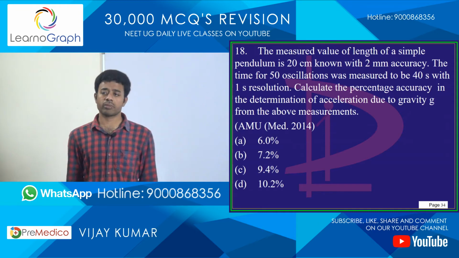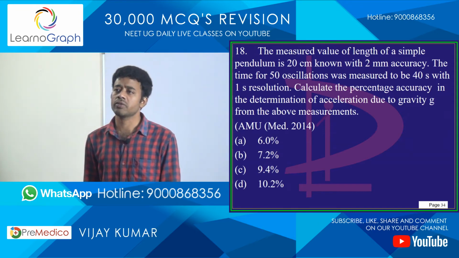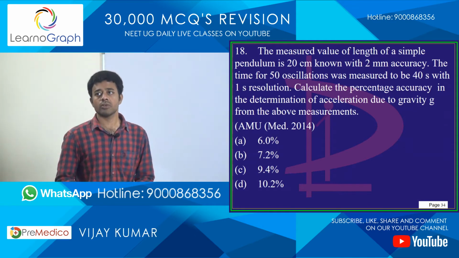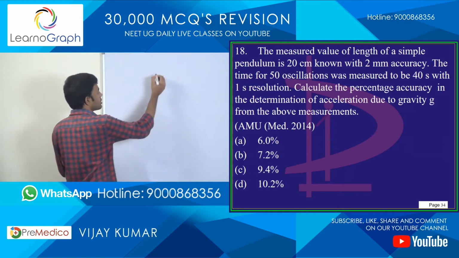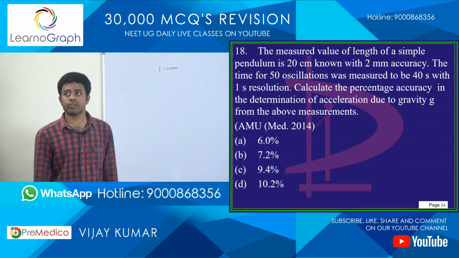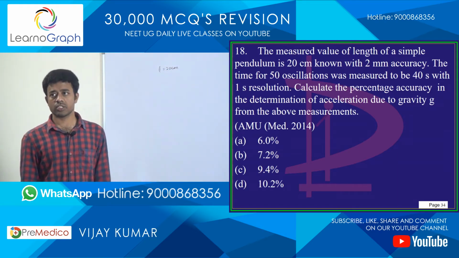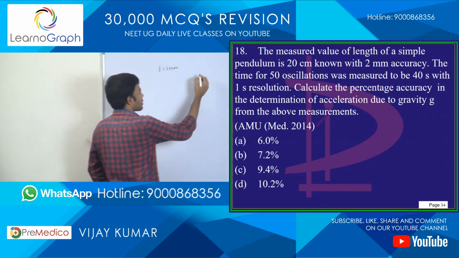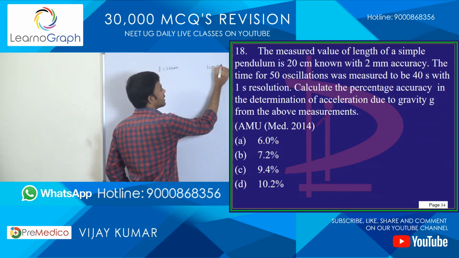Okay, next we have problem number 18, where the measured value of length of a simple pendulum is 20 centimeters, with a 2 millimeter accuracy. We know that 1 centimeter equals 10 millimeters.